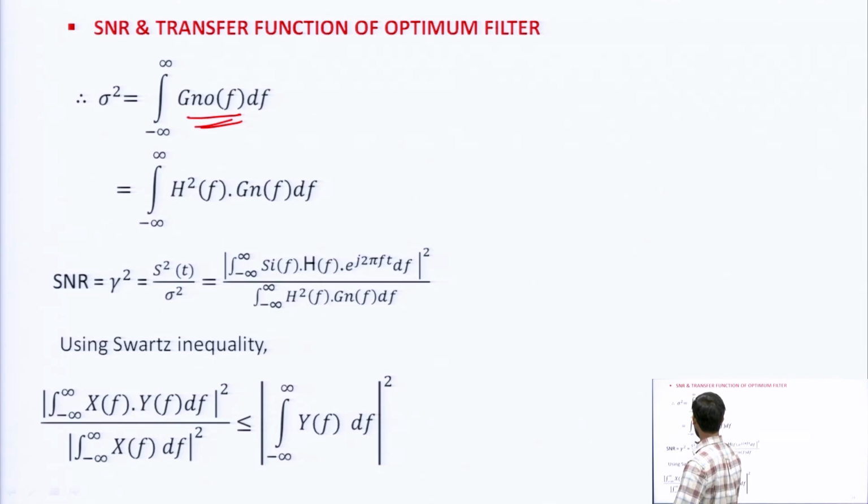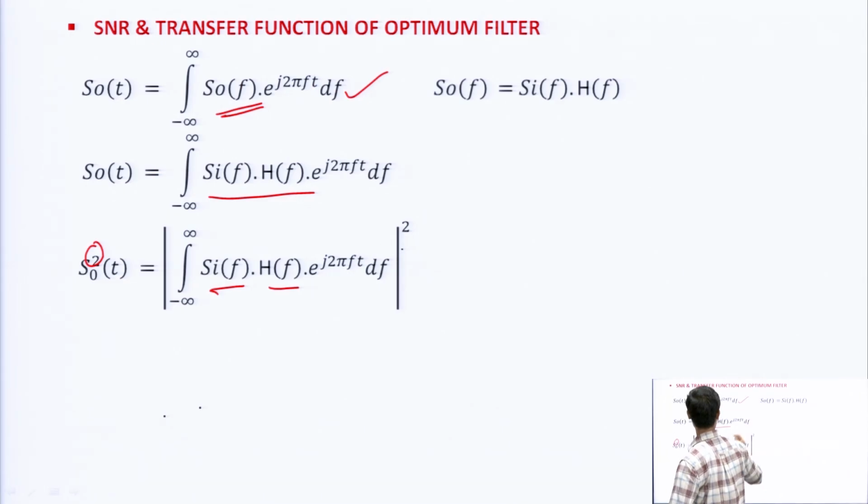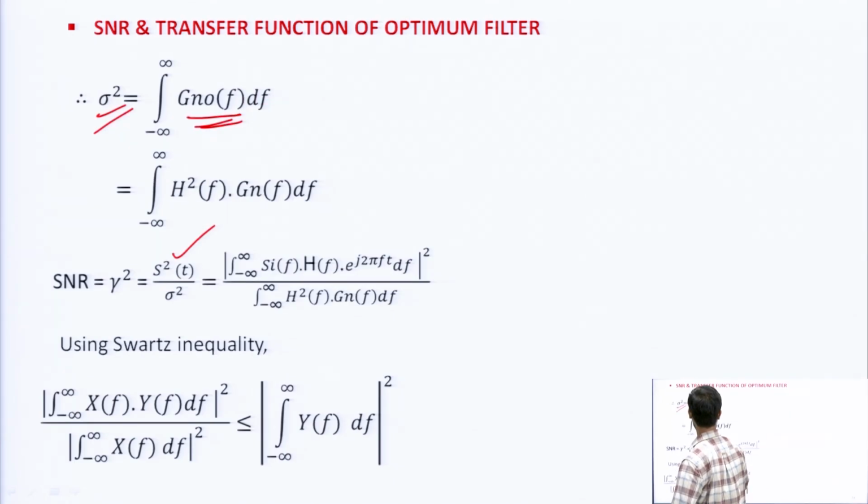So, for gamma square, I have already found the S square of t, now I find sigma square. This is the S square t part, and this is the sigma square part.